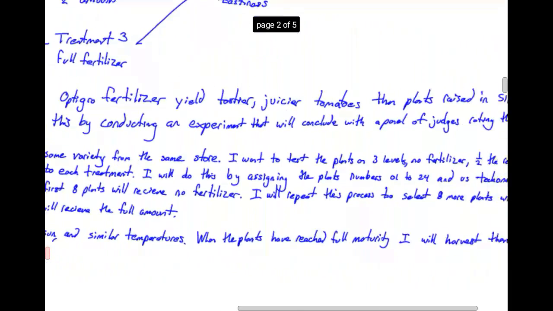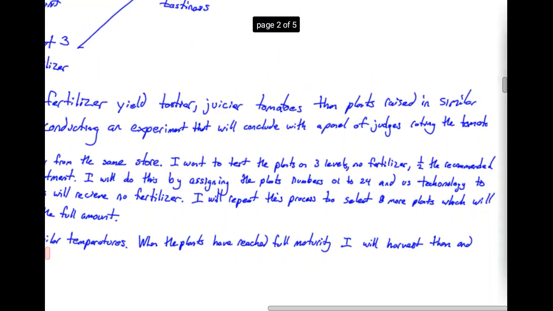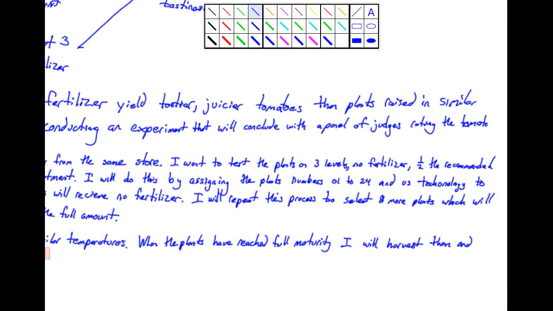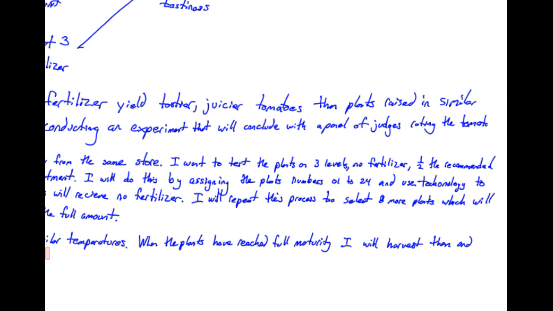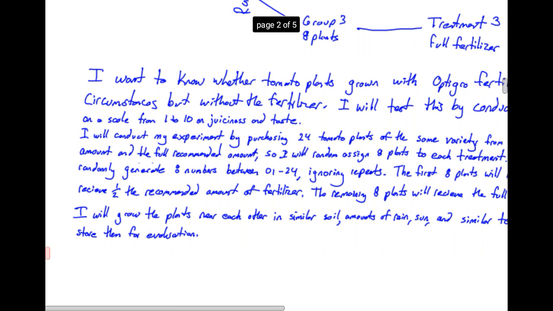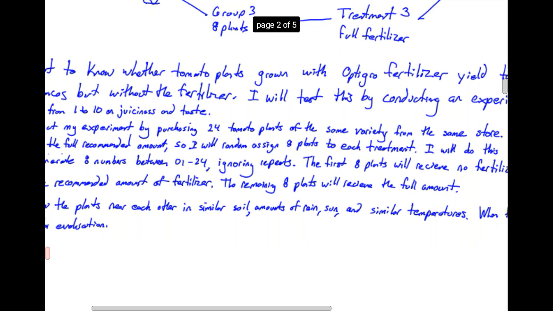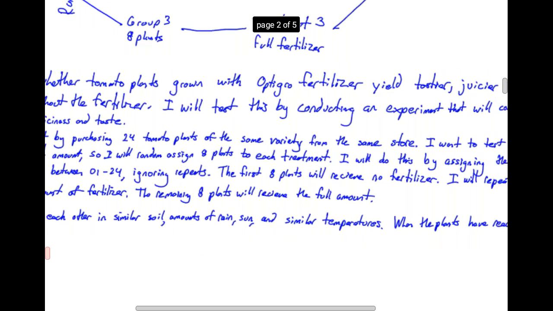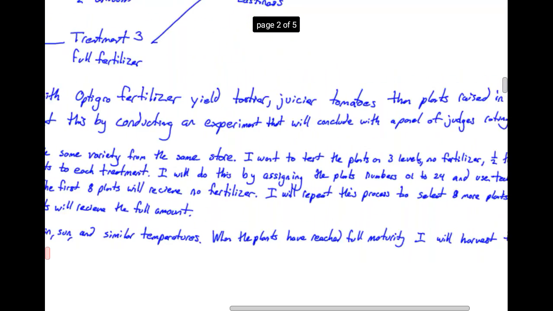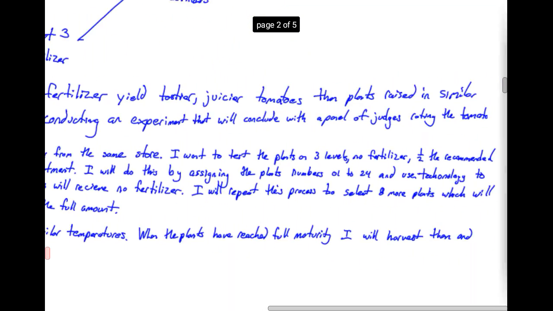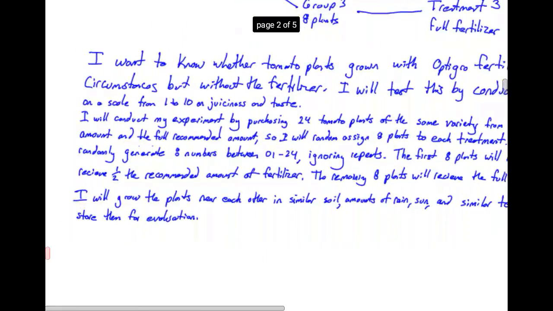I'll do this by assigning the plants numbers 1 to 24 and use technology to randomly generate 8 numbers between 1 and 24, ignoring repeats. The first 8 plants will receive no fertilizer. I'll repeat this process to select 8 more plants, which will receive half the recommended amount of fertilizer.